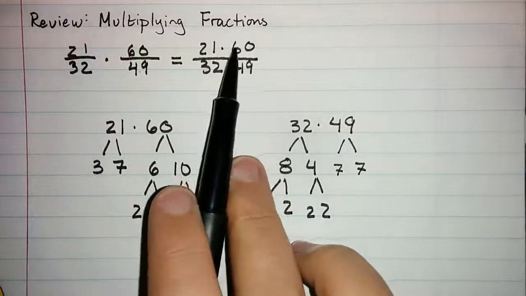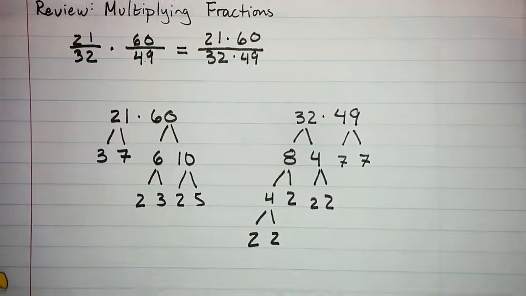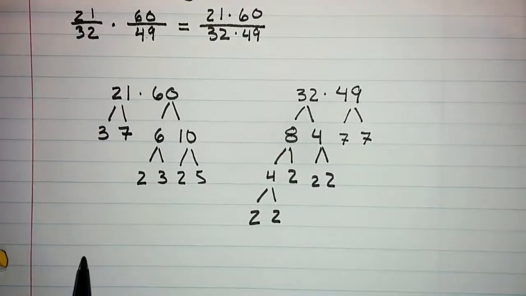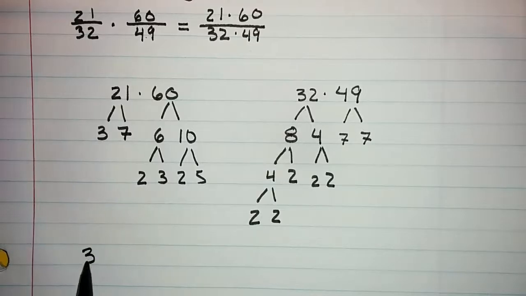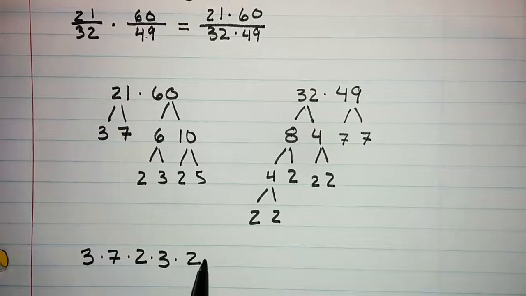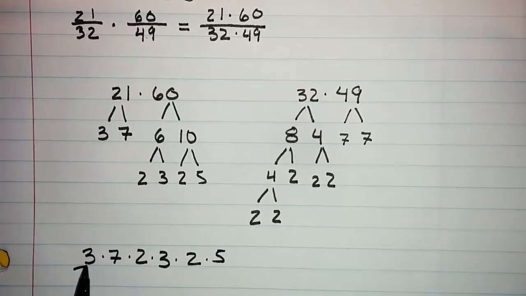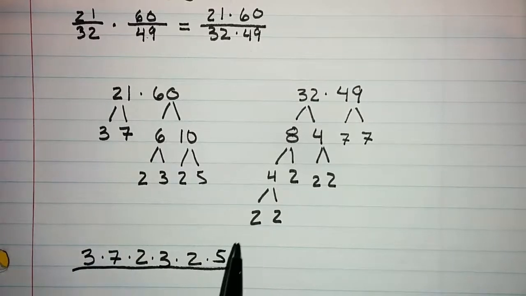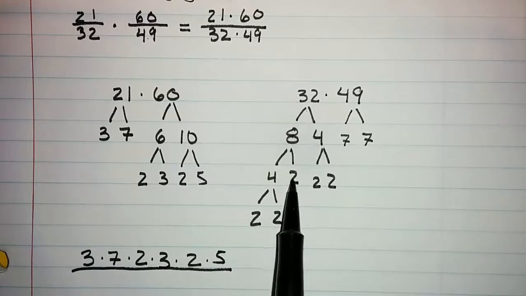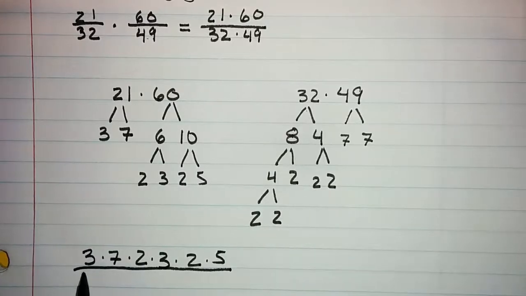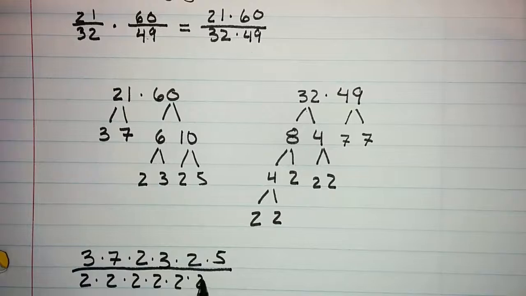So my fraction, when I factor the numerator and denominator into primes, becomes 3 times 7 times 2 times 3 times 2 times 5 in the numerator. Let's see, I have 1, 2, 3, 4, 5 2's and 2 7's in the denominator.